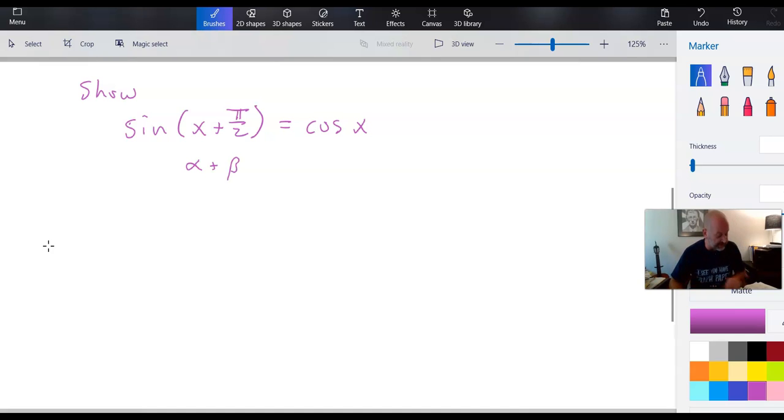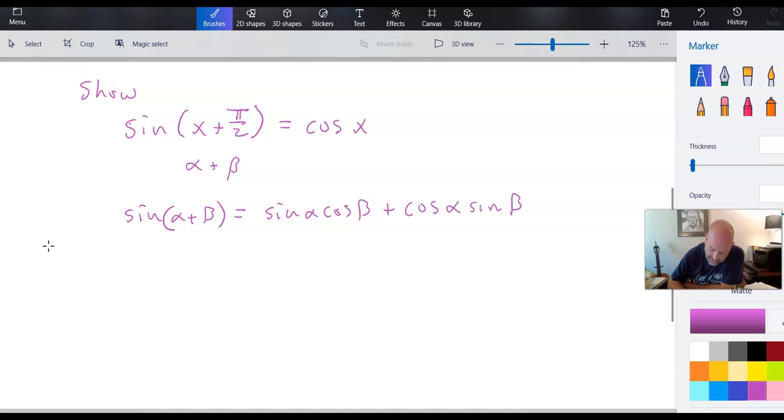So now we just need to use the formula. The formula says that sine alpha plus beta is equal to sine alpha cosine beta plus cosine alpha sine beta.